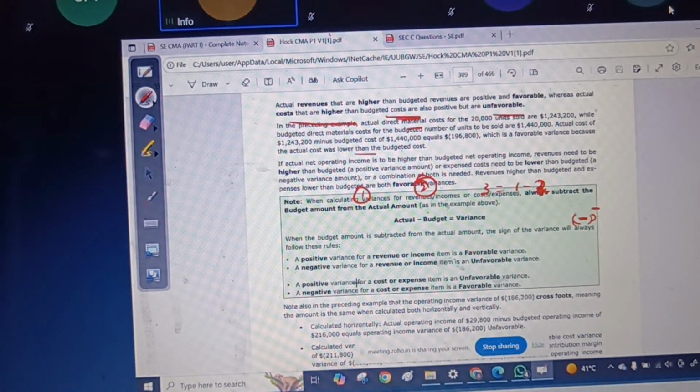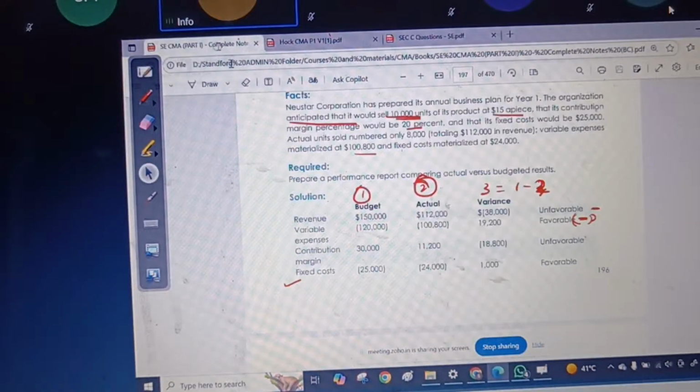Because for cost, positive variance is unfavorable. But in the PDF it is positive, so it should be unfavorable. Yeah. Okay. That's why the question is wrong.